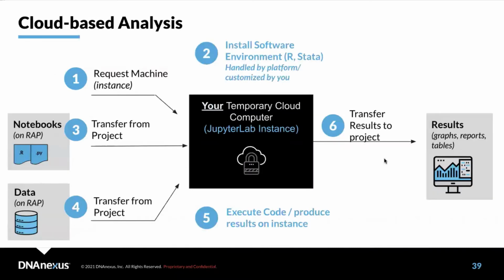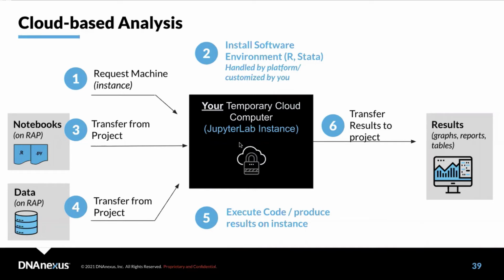Whereas in cloud-based analysis, by requesting a machine, you are requesting a temporary computer somewhere in the cloud. Because you're requesting it on UKB-RAP, we have it packed with some pre-installed environment, for example Python, R, or Stata, and with some libraries. Once your temporary machine is ready, you need to transfer data and some analysis from the project.